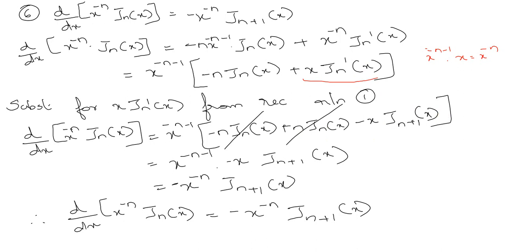These two terms get cancelled, and what is remaining is x raised to minus n minus 1 into minus x into Jn plus 1 of x. Minus is written here, minus into x raised to minus n minus 1 into x is x raised to minus n into Jn plus 1 of x. Thus we have obtained the recurrence relation 6.